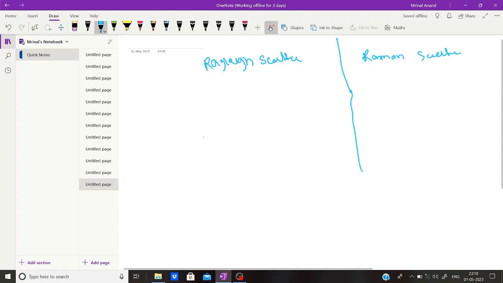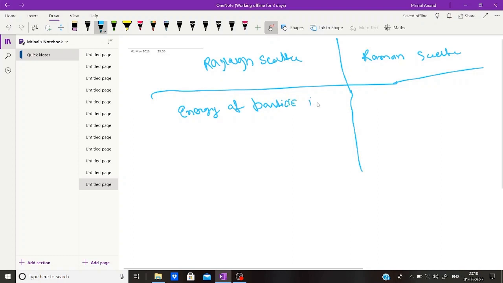Make some points that are very fruitful. It can come in the examinations of any competition. So here in the case of the Rayleigh scattering, the energy of the particle is conserved. Here the energy of the particle is conserved.